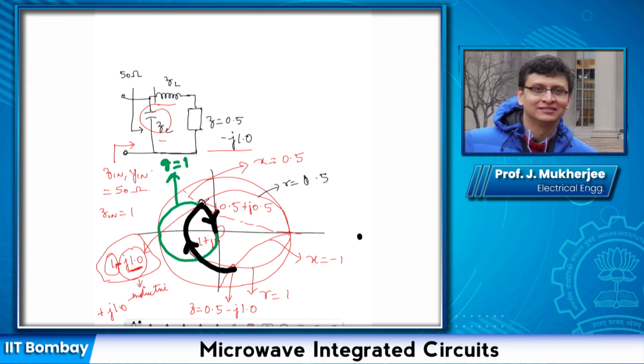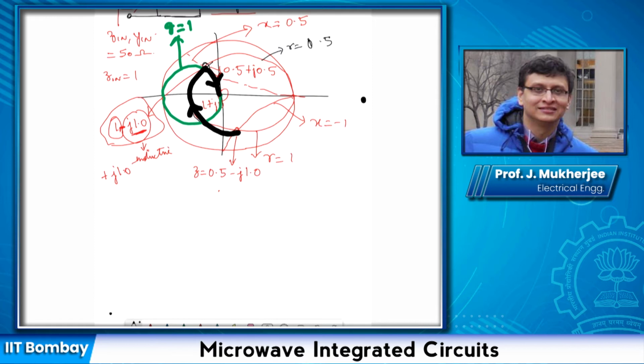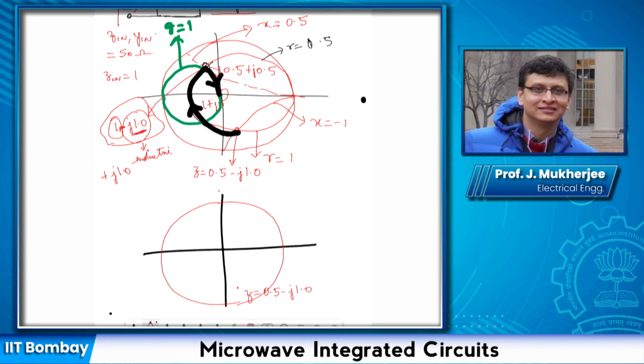Now for this we can have another path also like this one. Okay, so here this is z equal to 0.5 minus j 1.0.